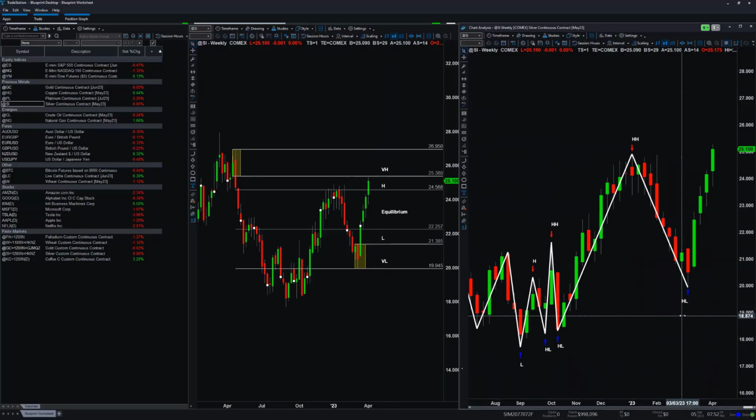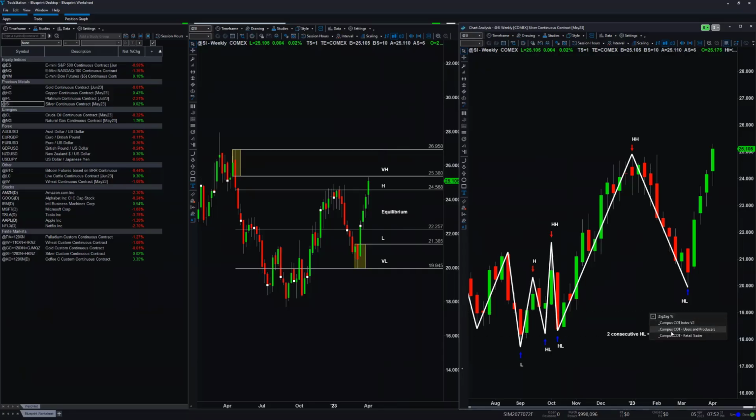We have 2 consecutive highs, and 2 consecutive higher lows, which is in this case the definition of an uptrend. So generally, what I want to do is I want to buy. Even though I'm in supply, I want to buy with the trend.